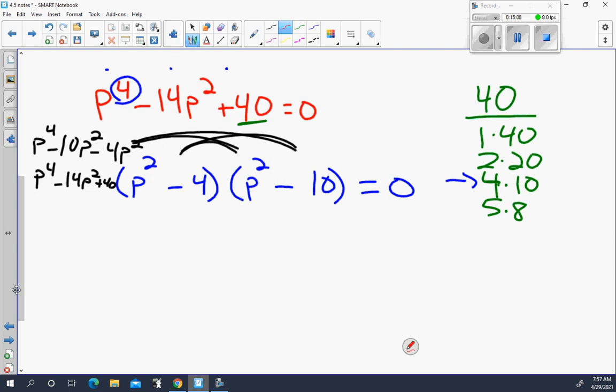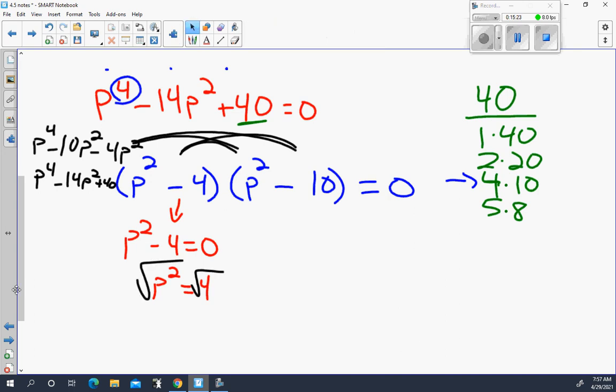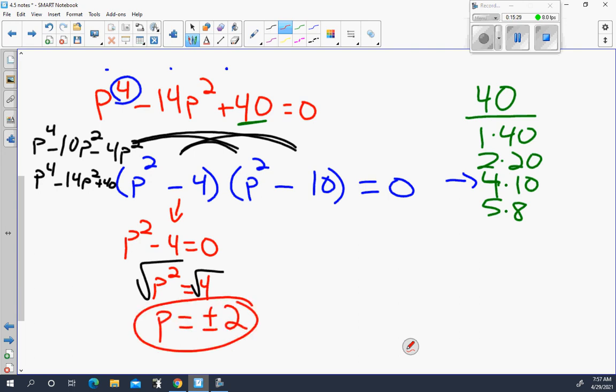Break this down to two equations. p squared minus 4 equals 0. So p squared equals 4. Take the square root of both sides. p is equal to positive or negative 2.